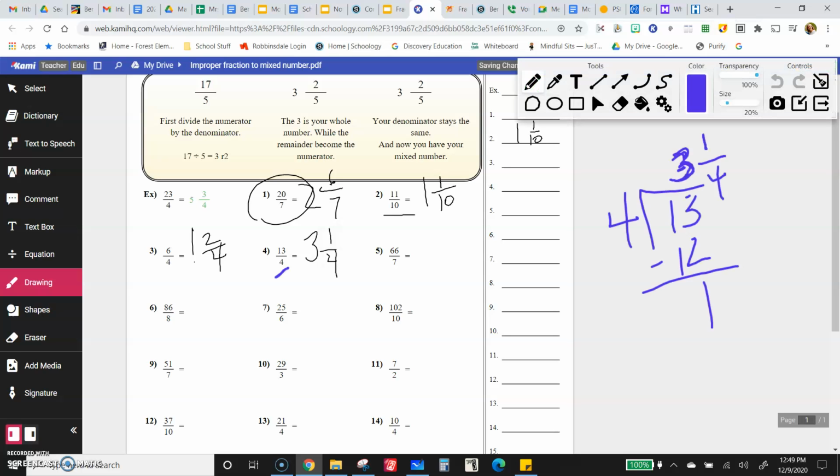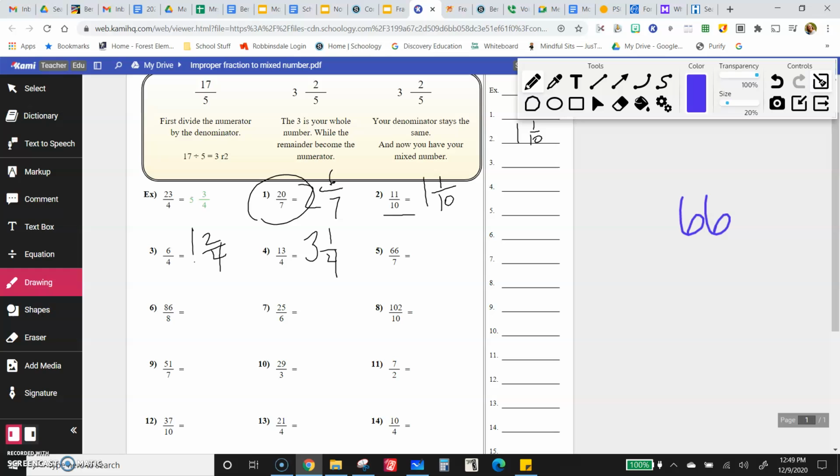Let me show you the division way again. If I have 66 divided by 7, because a fraction bar is just dividing. That's all it is. 7 goes into 66. Well, if I count by 7s, look at my multiples, look at my multiplication chart. 9 times. 9 times 7 is 63.